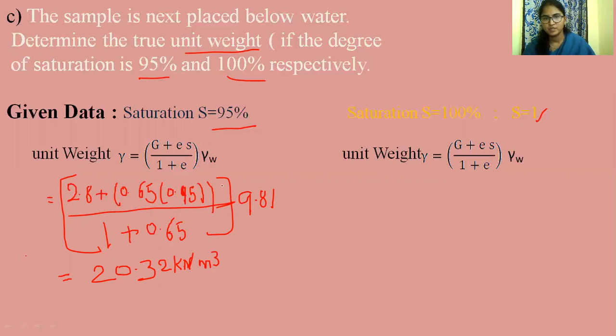Now in the place of 0.95, similarly we substitute S is equal to 1. We will get saturation condition S is equal to 100%.